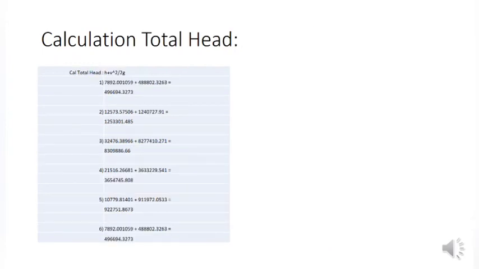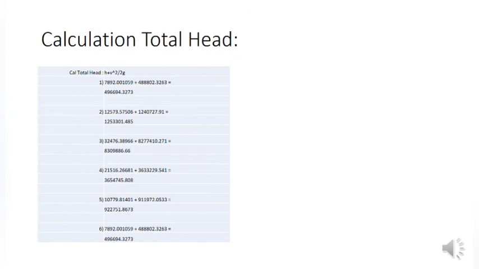Okay, next we get the calculation for total head. As you can see here, the formula is h plus v squared over 2g. I just calculated the answer plus the answer, where h is the pressure head, sorry, my mistake, and this is the total head.